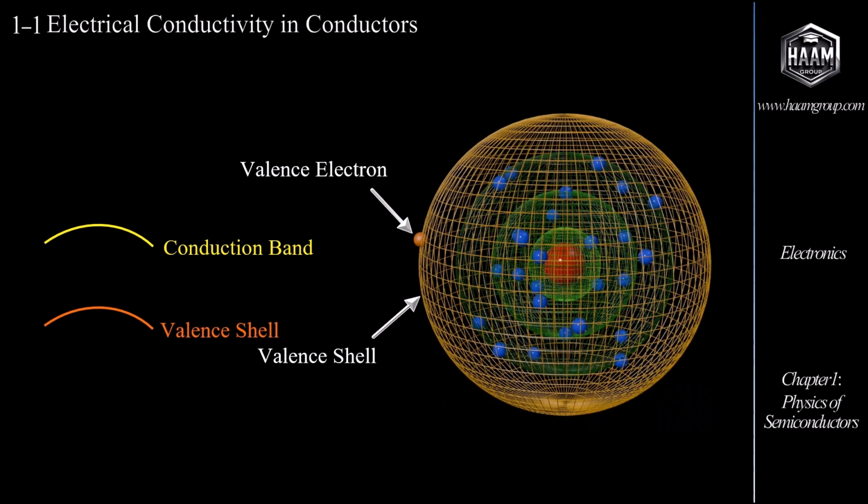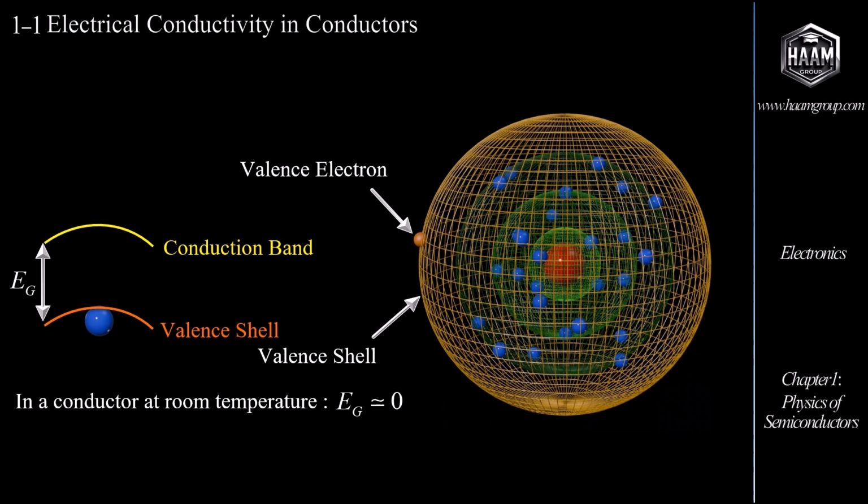In conductors, at normal temperature, E_G is close to zero, extremely negligible. Therefore, electrons are easily freed from the valence shell and reach the conduction band. This is why conductors have a very high density of free electrons per unit volume at normal temperature.